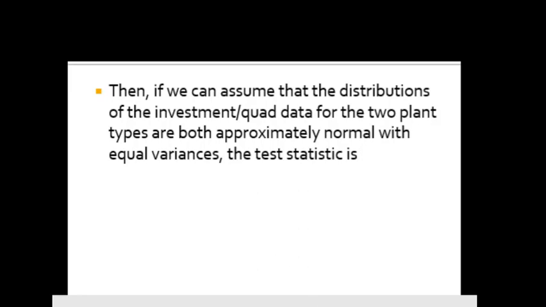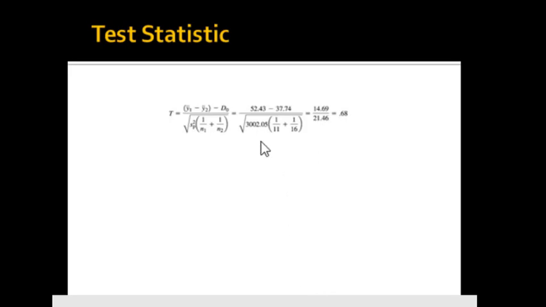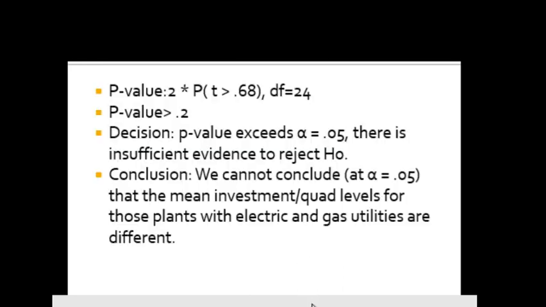Okay, so thus assuming that the two distributions are approximately normal with equal variances, we can calculate our test statistic. Y1 bar minus Y2 bar, the two sample means, minus D0, which is again 0 in this case. This is Sp squared, the pooled variance. And then these are the two sample sizes, 11 and 16. That gives us 0.68 as our test statistic.